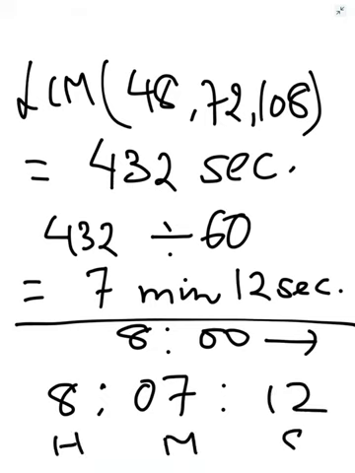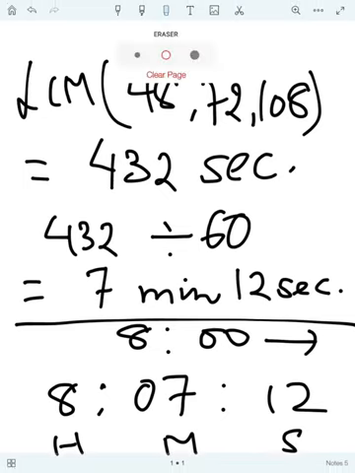The format is hour, minute, second. So at this exact time, 8 hours, 7 minutes and 12 seconds, again all the three will be red together. I hope now it is clear how to apply the concept of LCM in practical situations like bells, traffic signals, etc., where a repeated process is involved.